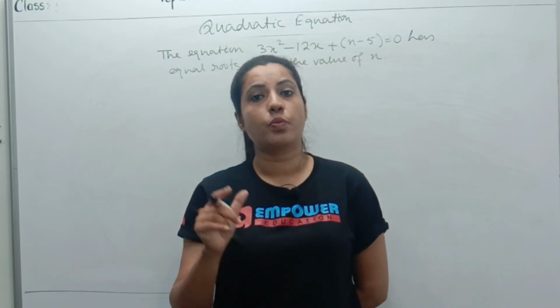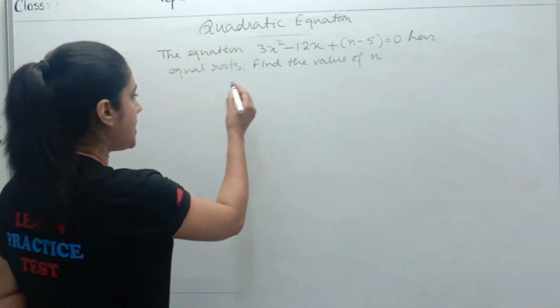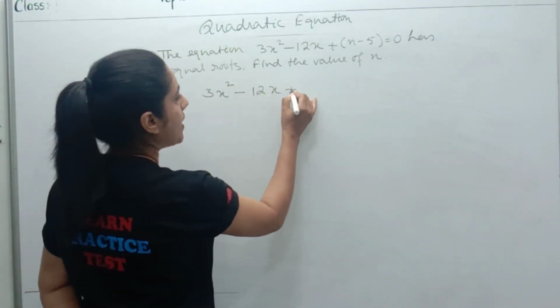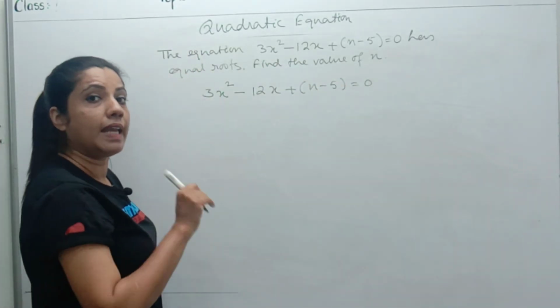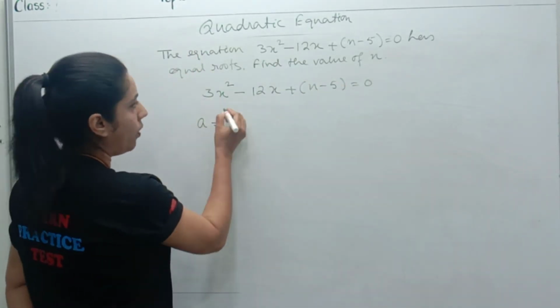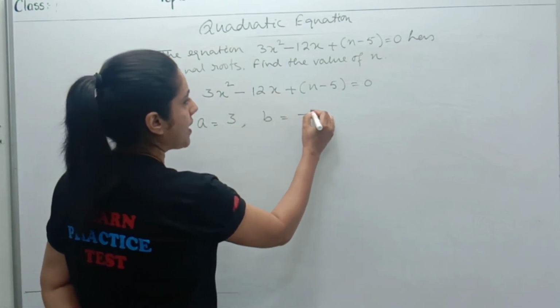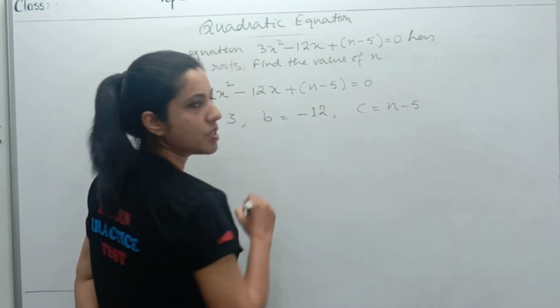For equal roots, we have b square minus 4ac equal to 0. So let us take the equation here. 3x square minus 12x plus n minus 5 equal to 0. Let us find out our a, b, c. A is the coefficient of x square, that's 3. B is coefficient of x, that's minus 12, and C is the constant term n minus 5.